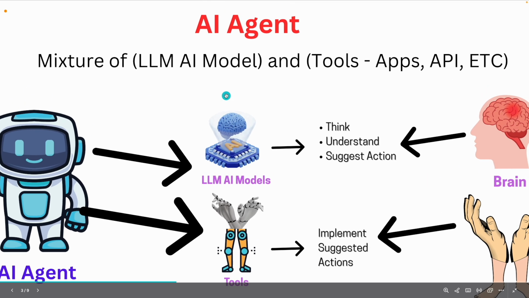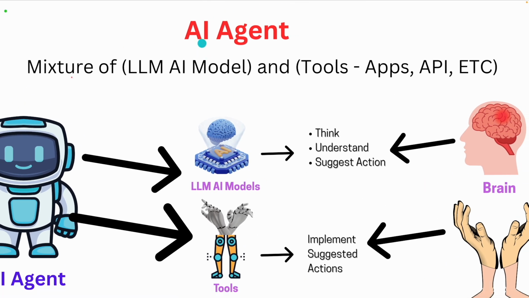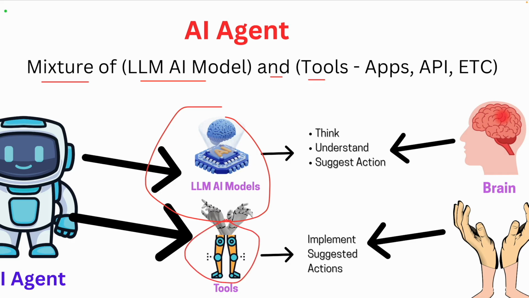That is the meaning I have written here. An AI agent is basically a mixture of an LLM AI model, which is the brain, and tools, which in our case are n8n. Together, LLM and tools form the AI agent, which helps us create the automation.